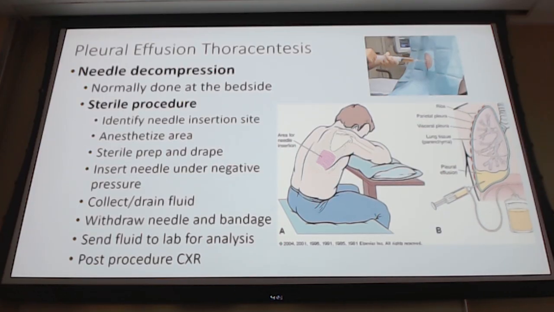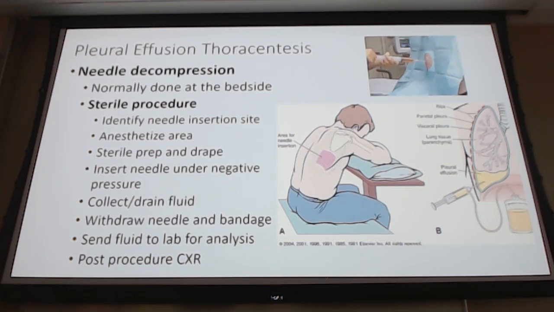We want to open up that rib cage so that we don't hit ribs going in. We have them sit up so that the fluid is dependent and it's not just spread along the entire thorax. It's gravity helping us. We can do it under ultrasound if we need to. Most of the time we don't need to though. Okay, we go down pretty low.